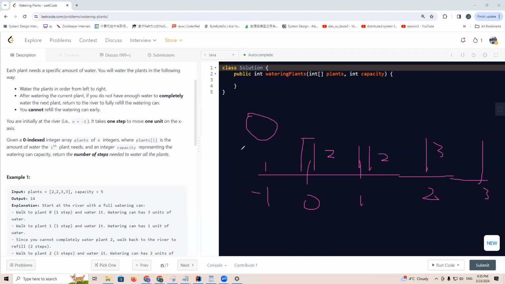For example, we have 5 at the beginning. Then we go to this plant, and then we have 3 left, right? And then we go to this plant, we have 1 left. Then at index 2, we find that the water we have is less than the plant needs. So what we need to do is go back.